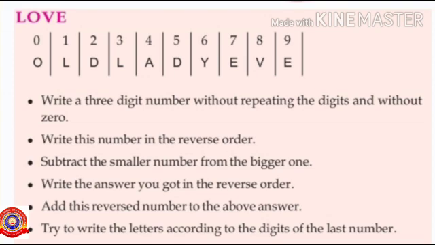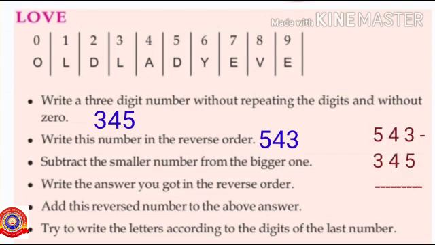That means you can use one digit only once in a 3-digit number and don't use 0. So children, write a 3-digit number without repeating the digits and without 0. Yes, 345. Next, write this number in the reverse order. That is 543. Next, subtract the smaller number from the bigger one.